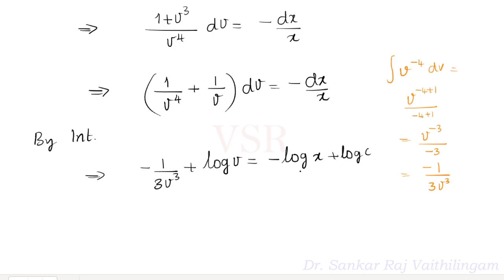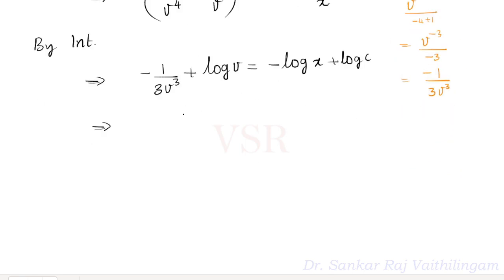So what I have got is, let's bring it fully into one line. So minus 1 divided by 3 times v cube, plus log v plus log x is equal to log c. Okay, so this implies that v is equal to y by x.